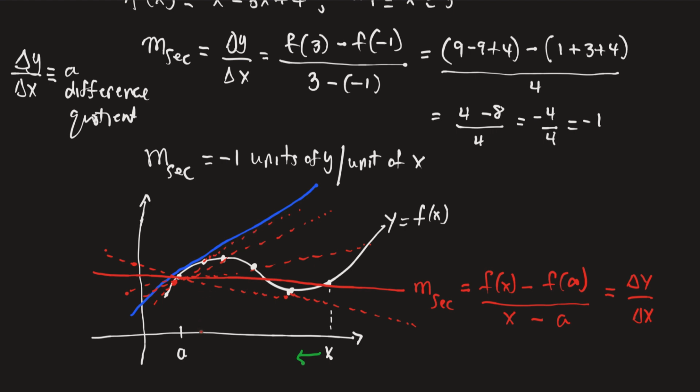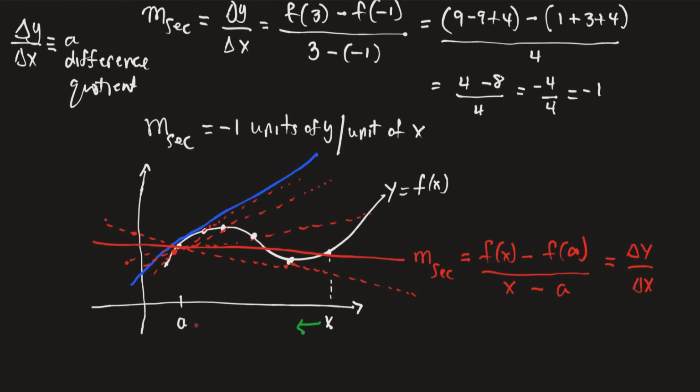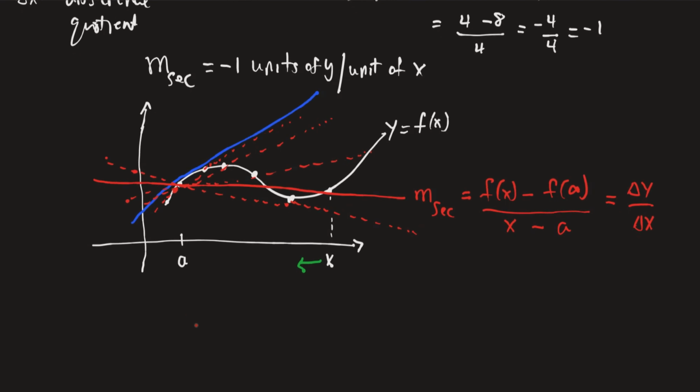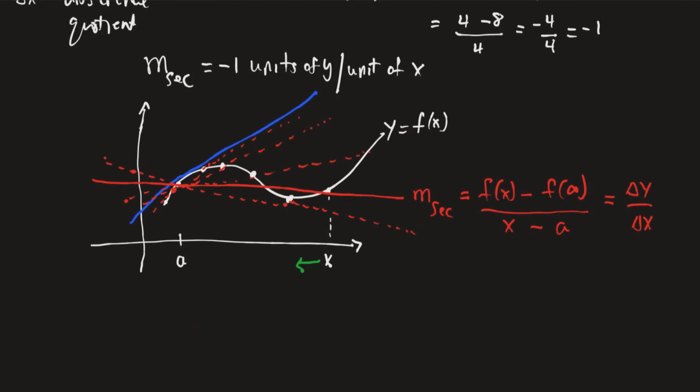So if I wanted to find the slope of the tangent line, what I would have to do is let x approach a and make x as close to a as possible, right? So let's write that down, and then we'll give you the notation.